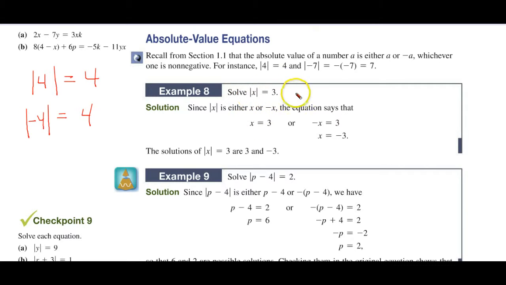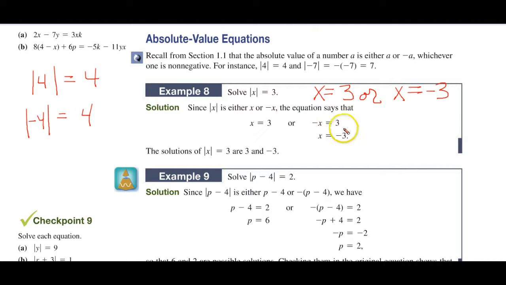So in solving this, we're going to say we take away the absolute sign, and we say x equals 3, taking away the absolute sign, or x could have equaled, and we just change the sign, a negative 3.